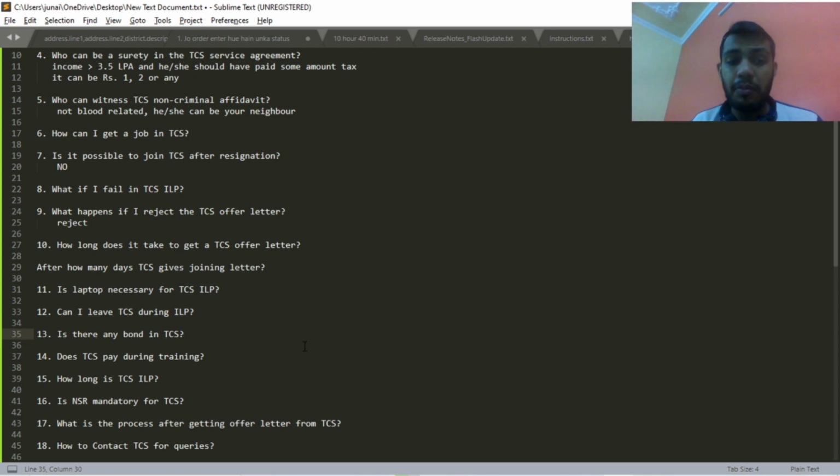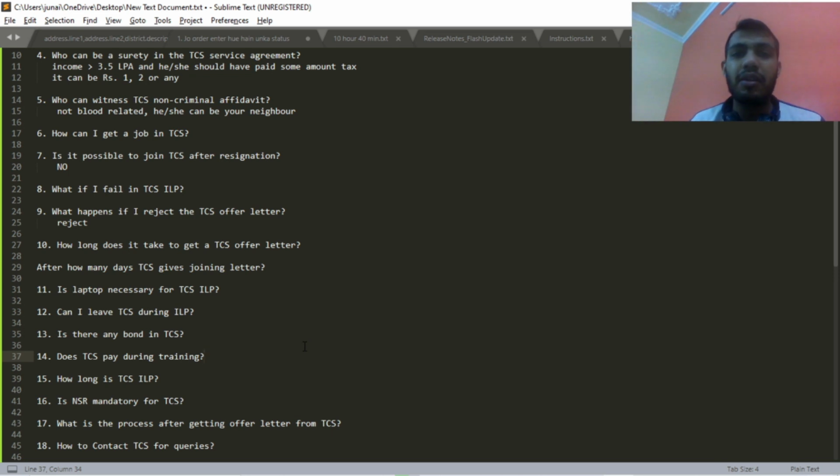Is there any bond in TCS? Yes, there is a bond of 1 year, which is the ILP, the initial learning program, where you cannot leave TCS. It's a 1 year bond of around 50,000 rupees that you have to pay if you leave. Does TCS pay during training? Yes, it pays, around 3.35 lakh.